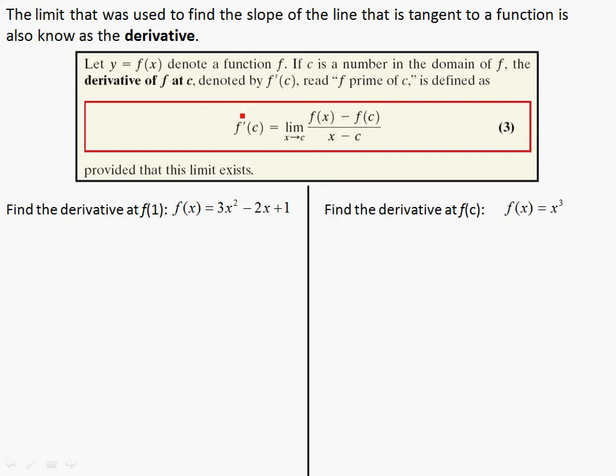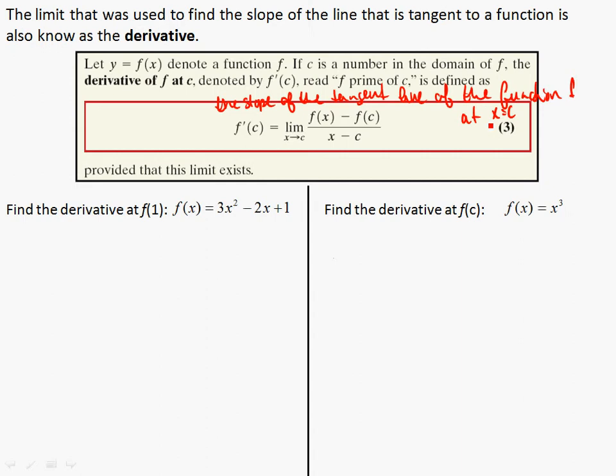This thing over here is short for saying the slope of the tangent line of the function f at x is c, at c. Mathematicians are notoriously lazy, so instead of writing that whole sentence, we just call it f prime.